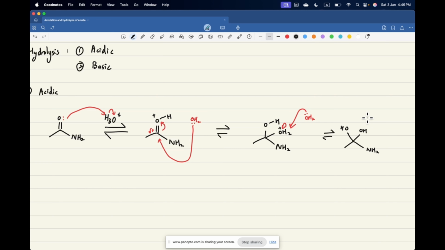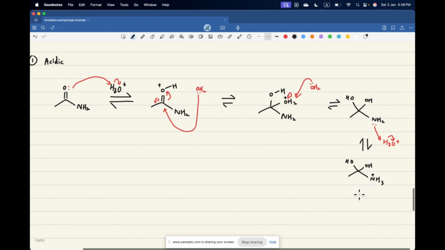So what's going to happen is it will react with the hydroxonium ion. This nitrogen now grabs a proton and forms a good leaving group, which is NH3 plus. NH3, ammonia, is a weak base, so it means that it's a good leaving group.